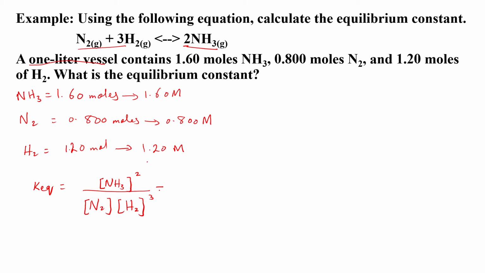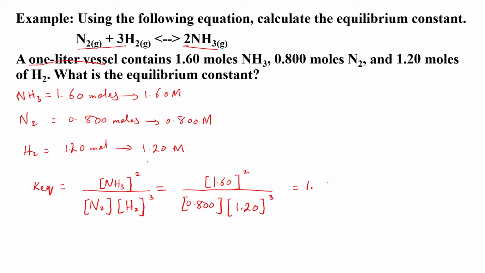Now we will simply plug in all the values that we have. Ammonia is 1.60, nitrogen is 0.8, we have a square here, and hydrogen is 1.20 molar. Then you solve this equation to get the answer.